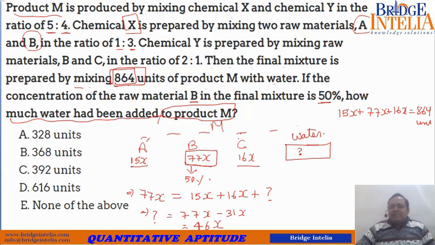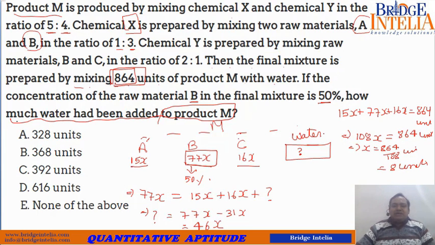So let's add them up. 108x is equal to 864 units. So what is x equal to? 864 by 108 units, so 8 units. So x is equal to 8 units.